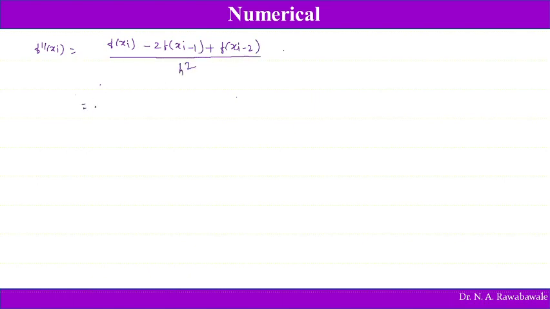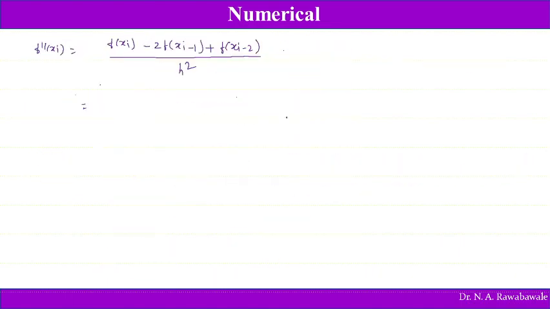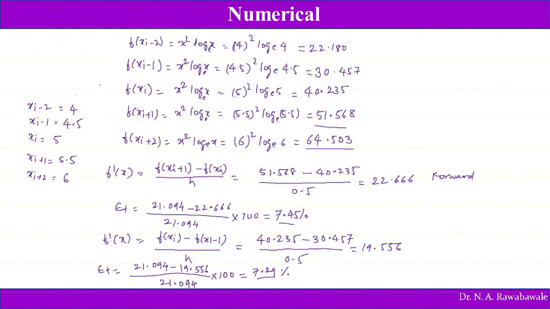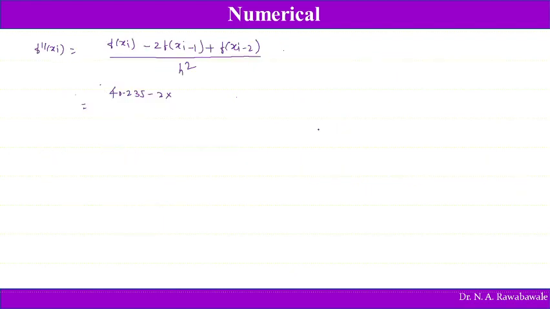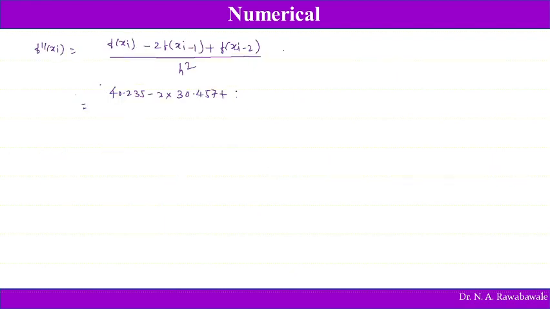Here f of x i is 40.235, f of x i minus 1 is 30.457, and f of x i minus 2 is 22.18, divided by h square, where the h value is 0.5. So this is the backward difference form.